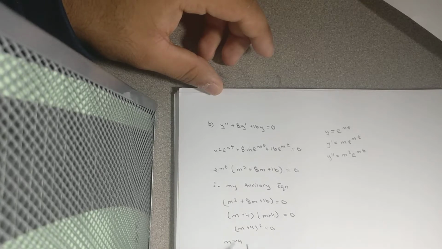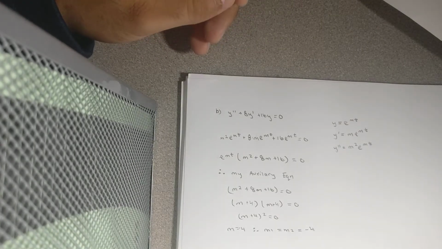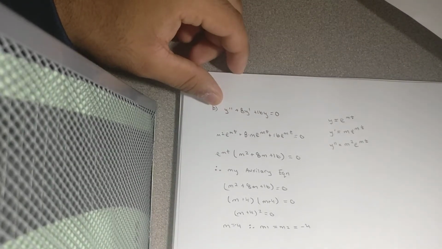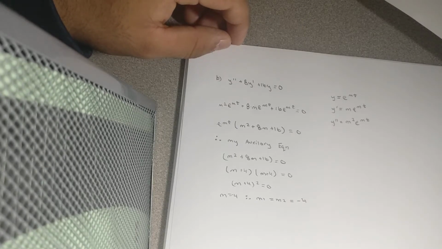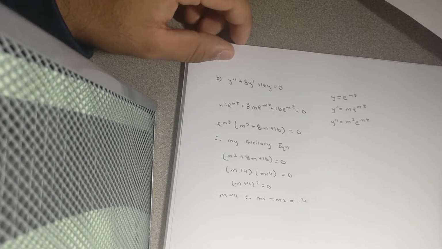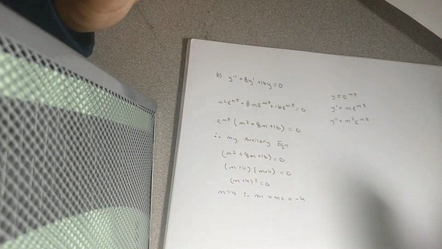So therefore m1 equals m2, which equals -4. So in this case, we have repeating roots, and there's a proof in the textbook that tells us how to write out our solution when we have two repeating roots. And it's not going to be like the distinct roots where we write one and then another.